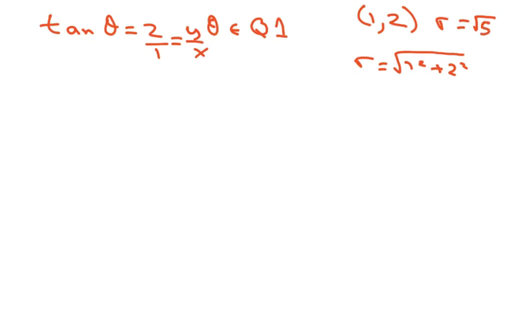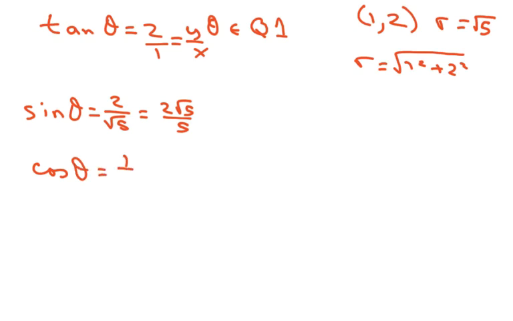Now, fill everything out. Sine of theta equals y over square root of 5, so this is 2 square root of 5 over 5. Cosine of theta is 1 over square root of 5, which just equals square root of 5 over 5. And tan, we already know that one.